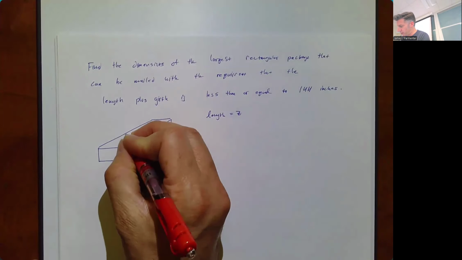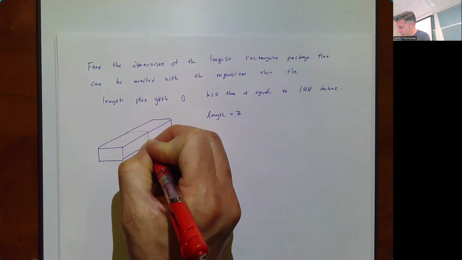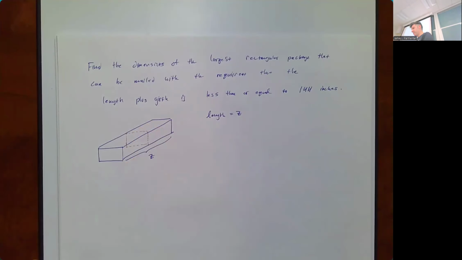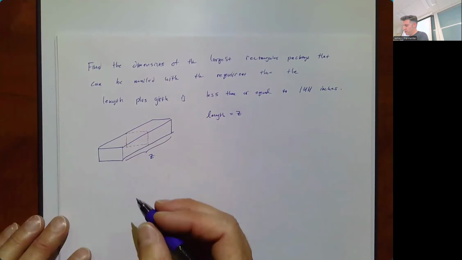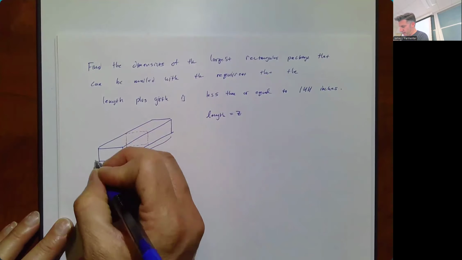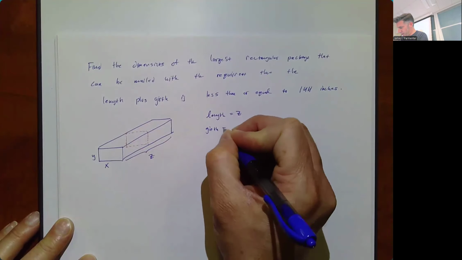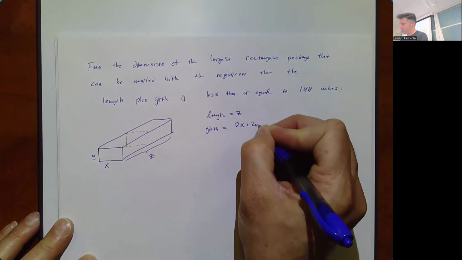So basically the girth is going to be this measurement here. And if we call this side X and this side Y, then the girth is going to be 2 times X plus 2 times Y.